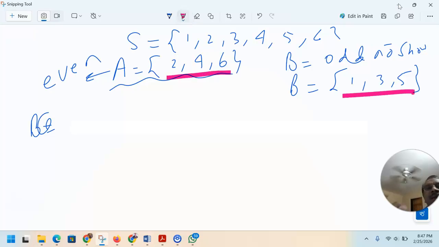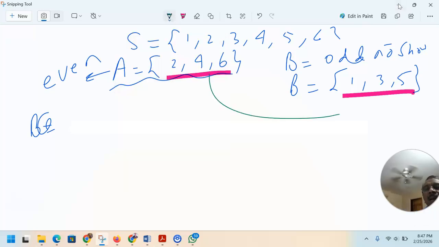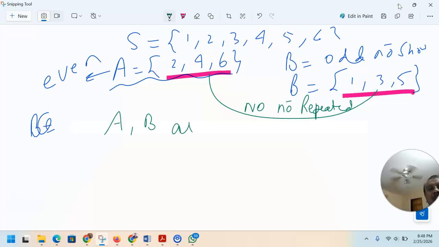They're all different. So in such cases, when you don't see any number repeated, we say this A and B are called disjoint events.